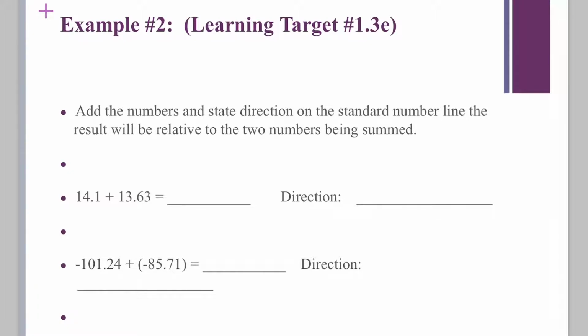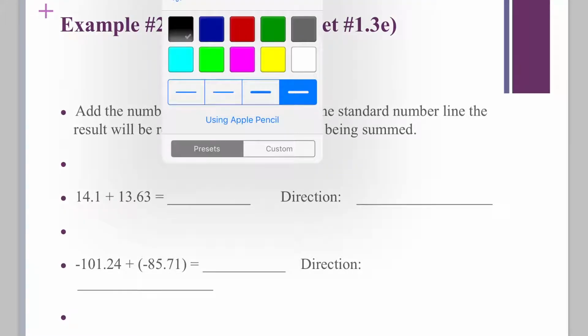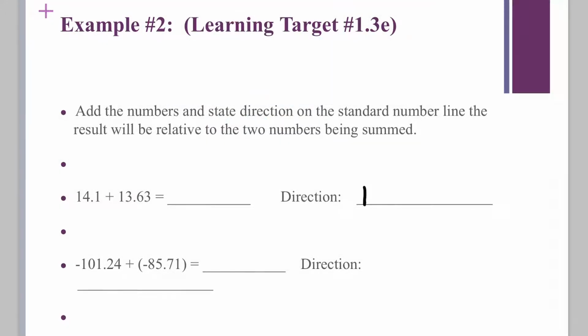Looking at the first example, what we have are two positive numbers. When we add two positive numbers, if you recall, adding two positives will move further to the right on the standard number line.